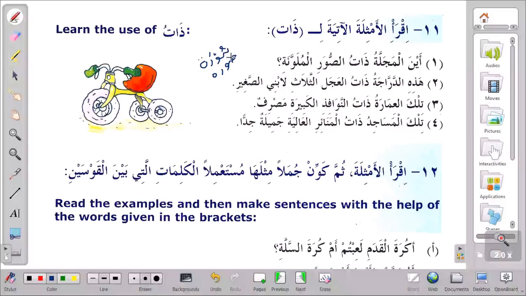But when you change the first sin to sword, suratun will now mean a picture. A picture is called suratun. The plural of surahs of the Quran, several surahs, is called suwaru.